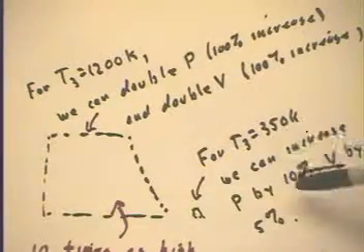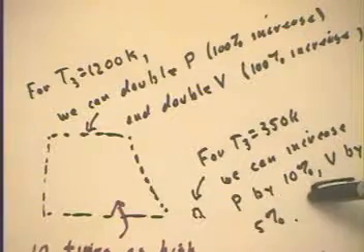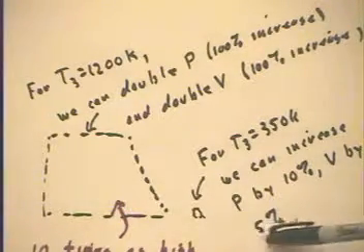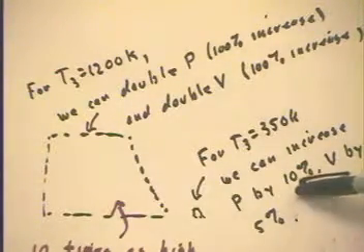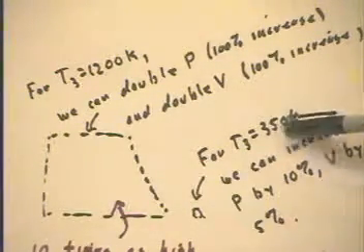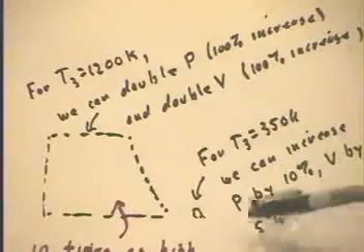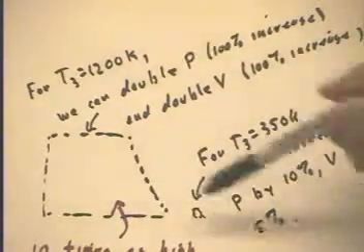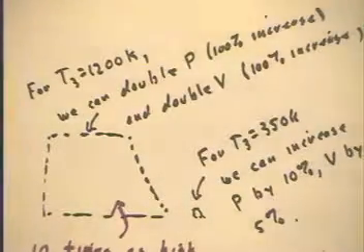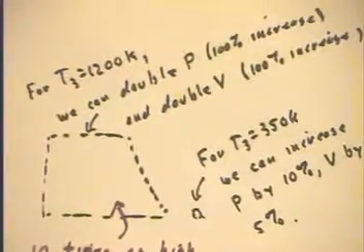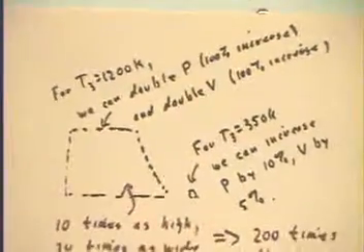Turns out that in this case we can increase the pressure by about 10%, the volume by about 5%. And you can work out the numbers on that. If we increase the pressure by 10%, that's going to get us up to 330. Actually, the volume goes up by more like 7%, but we're not going to worry about the precise figures here. There's a concept that we want to get. And the precise figures aren't that difficult to come by.